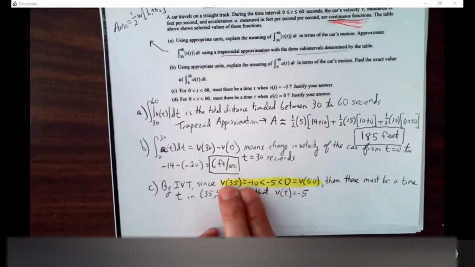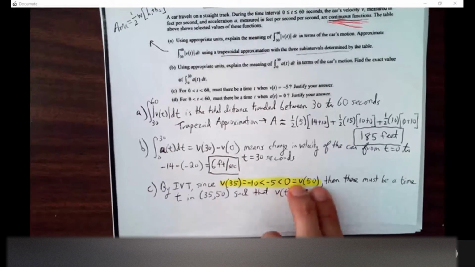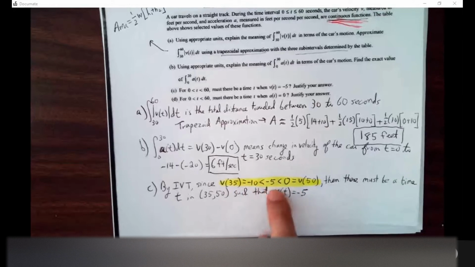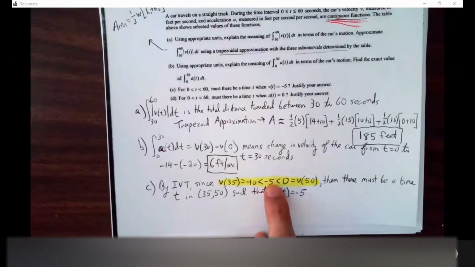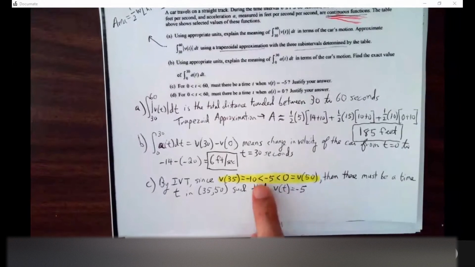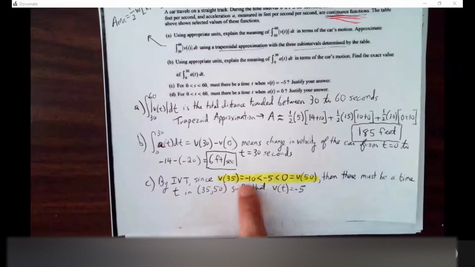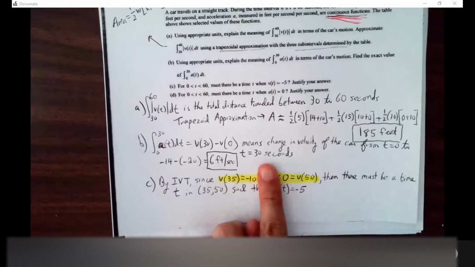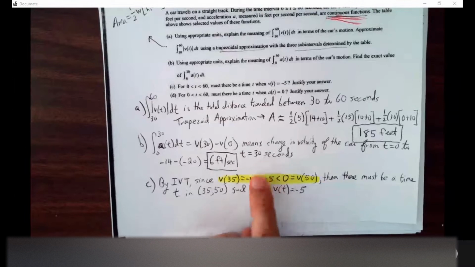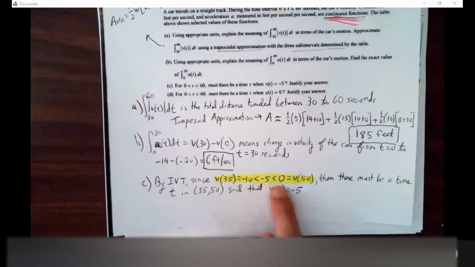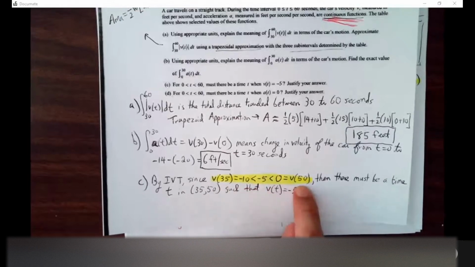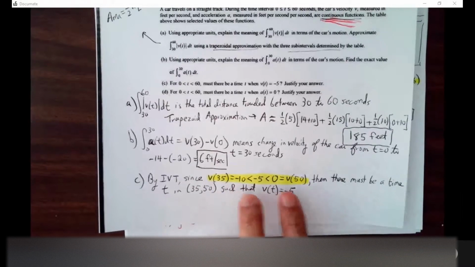So indicate that you're pulling them from the table, indicate the time interval, and explicitly compare, showing that IVT means you're guaranteeing that value between two endpoints. This is the suggested way of writing it. I see some students who just say velocity is -10 and velocity is 0, so therefore -5 must exist, but if you're not comparing explicitly, you may not earn full credit. With IVT, I think this is the best way to efficiently earn the points you want to earn.